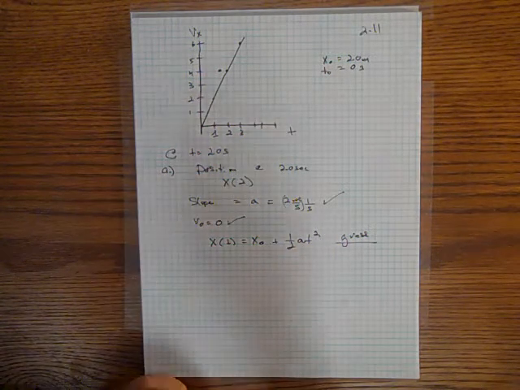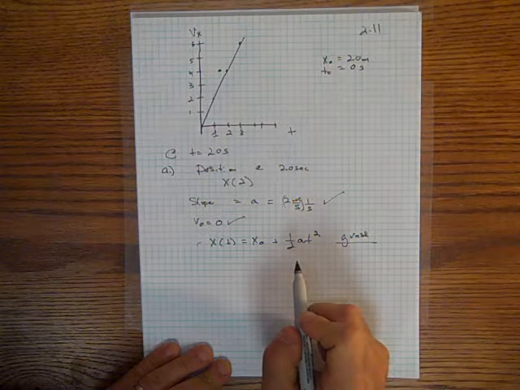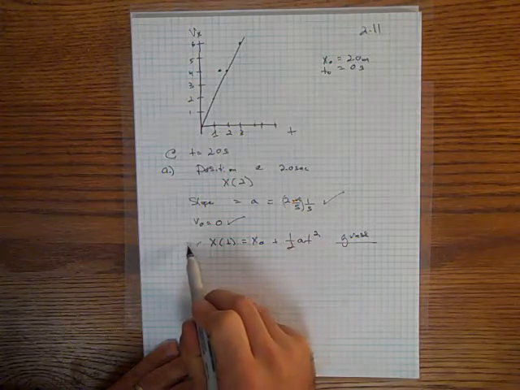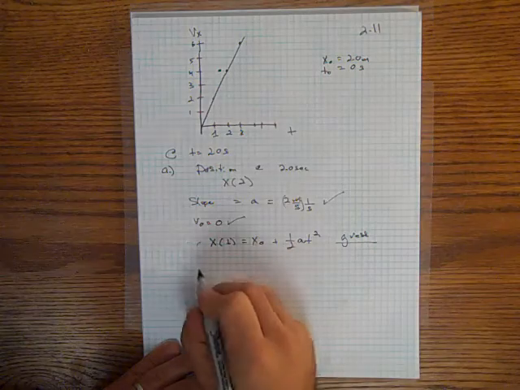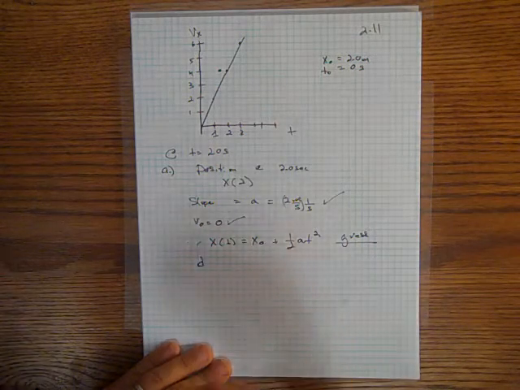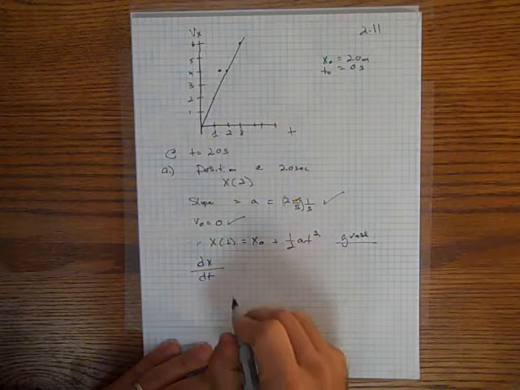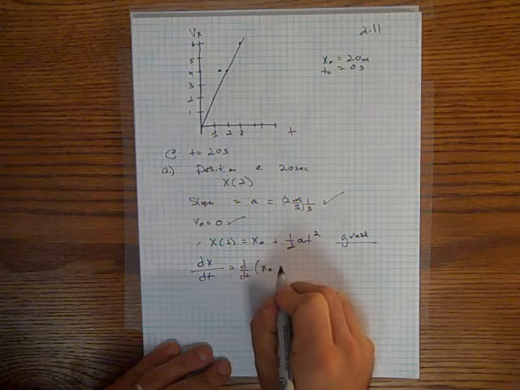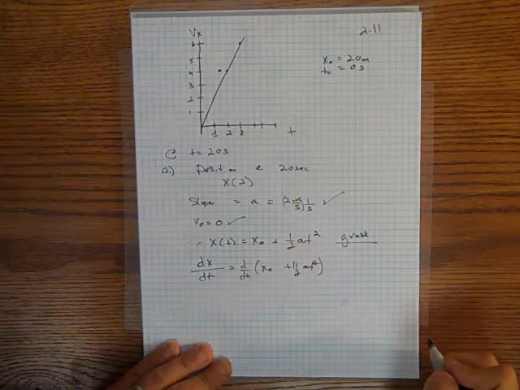1/2 is a constant, a is a constant. So we know that when we take the derivative of this, we get the slope, and our slope has to look like this. So let me do that. We'll refresh our calculus a little bit. dx dt is going to be the derivative of x0 plus 1/2 at squared.